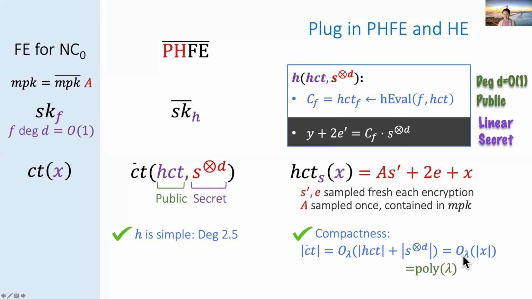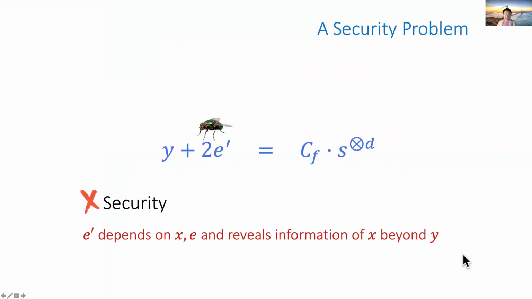So everything looks really great, except for one security bug. That is, the output of H actually reveals Y plus 2E prime, and hence reveals E prime, which recall that depends on the input X and the original noise in the LWE samples.